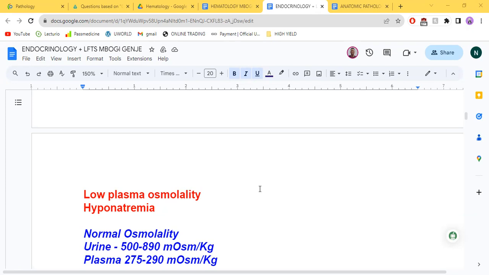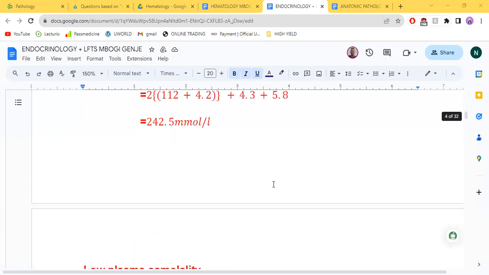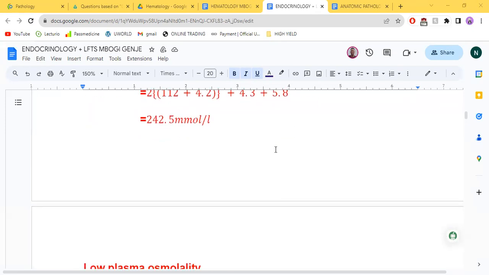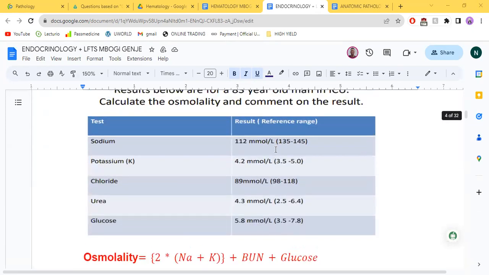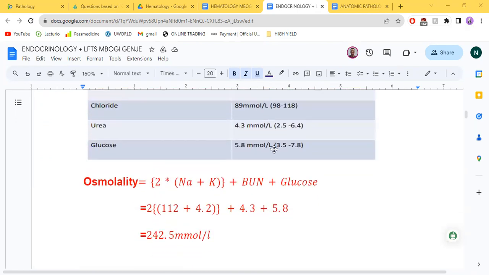So if you are asked, what is the pathology here from this patient? Answers in the chat. SIADH.